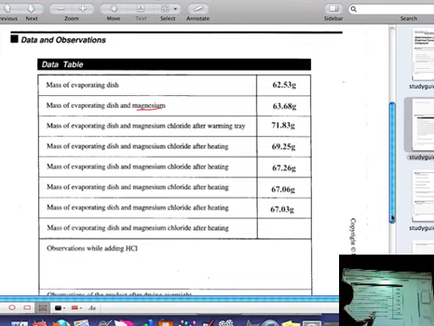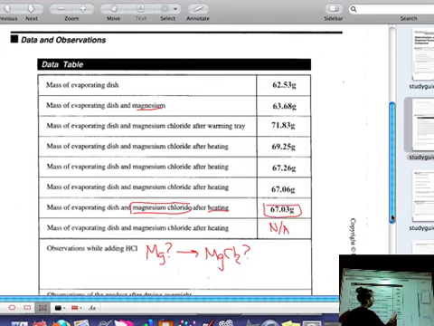Eventually, when I'm all done, when I've heated it a bunch of times to get all the water of hydration out of there, I can find the mass of magnesium chloride. And that's what this lab is asking you to do, to ask how much magnesium is needed for how much magnesium chloride. So these are the numbers I'm going to be using. Well, 3 technically. But I'm going to be using these 3 numbers when I move on.